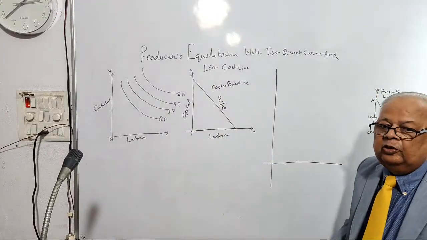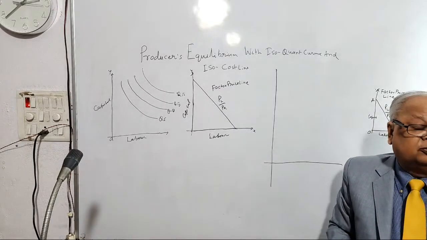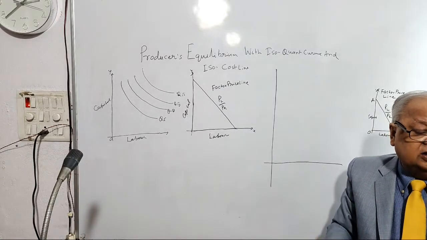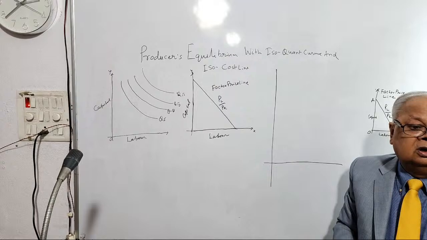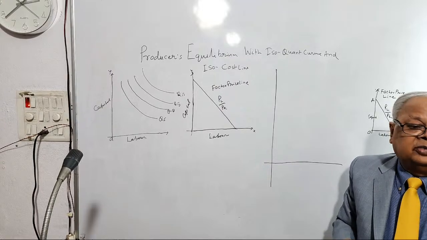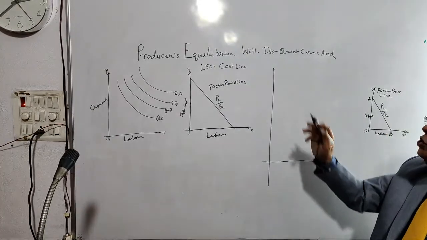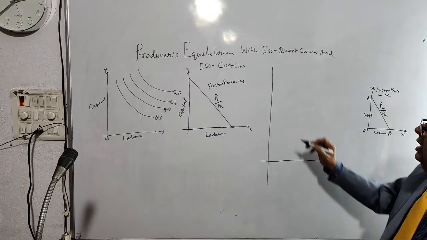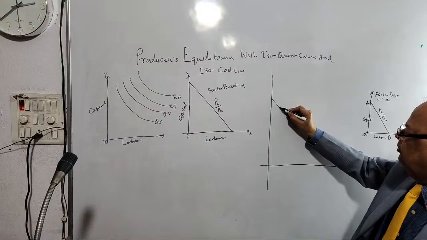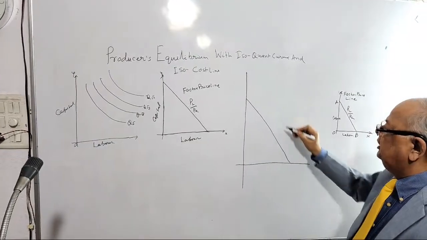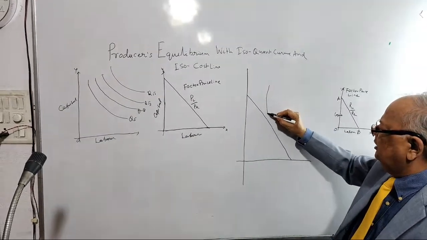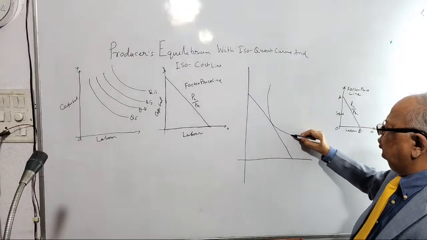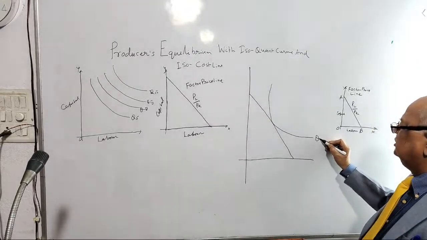Part 1 will be properties of indifference curve, property of isoquant. Part 2 is factor price line, that is known as iso cost line. If we draw like this, concentrate on my drawing, isoquant.